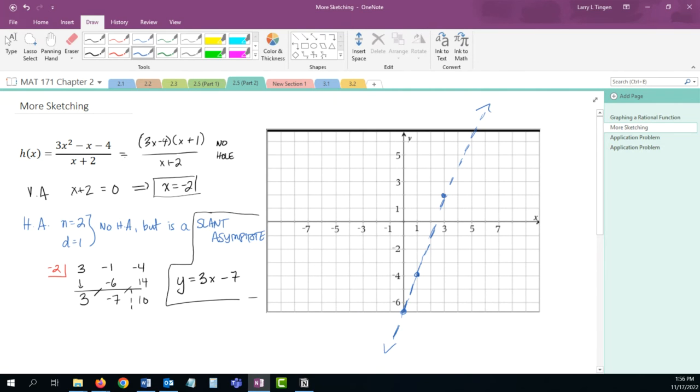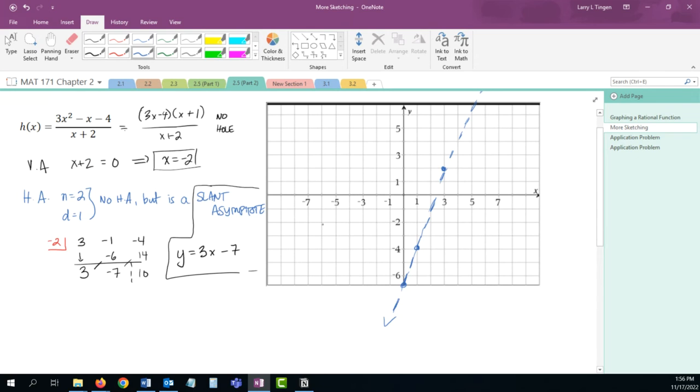All right. 1, -4, 3, 2. Yeah, okay. So there's my slant asymptote. Next thing, do I ever cross the horizontal asymptote? I don't have a horizontal asymptote, so I don't have to check for that. So no horizontal asymptote, no check for crossing.